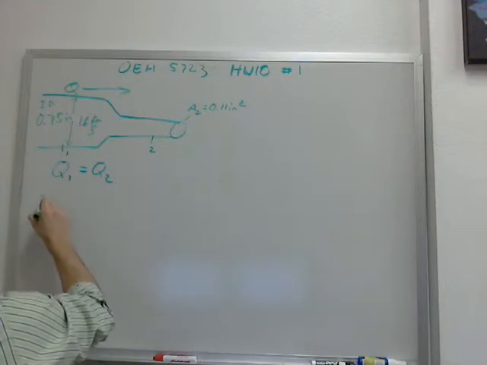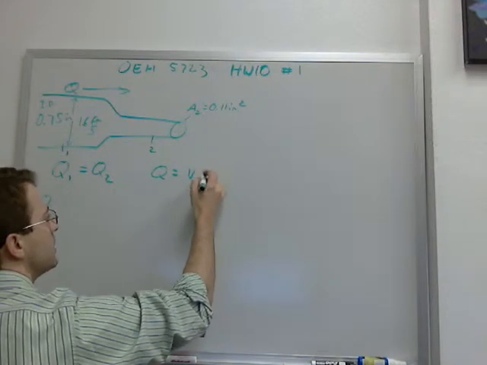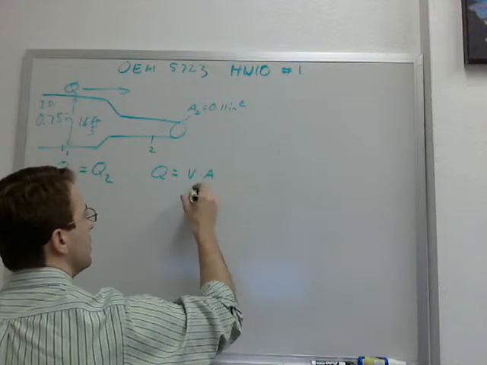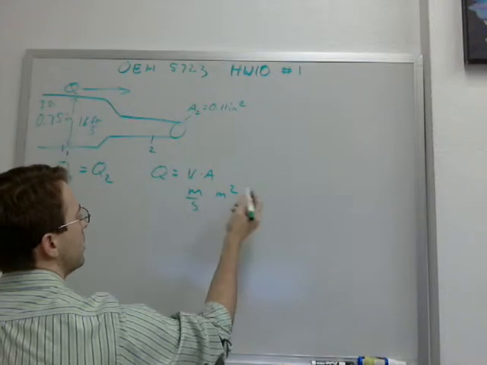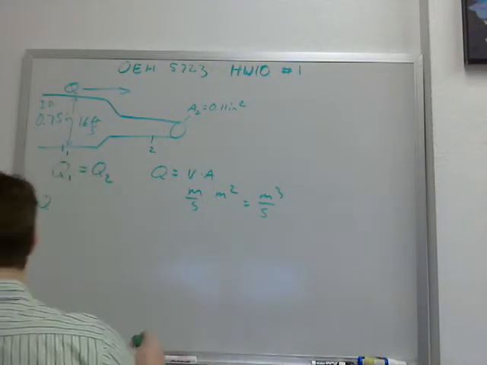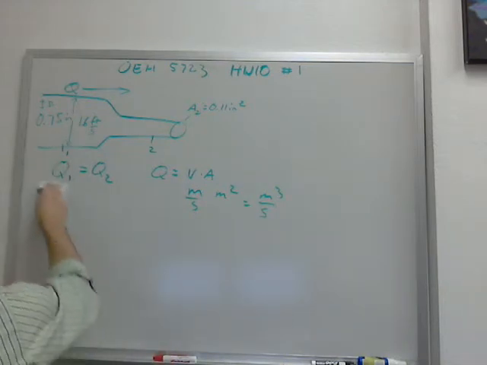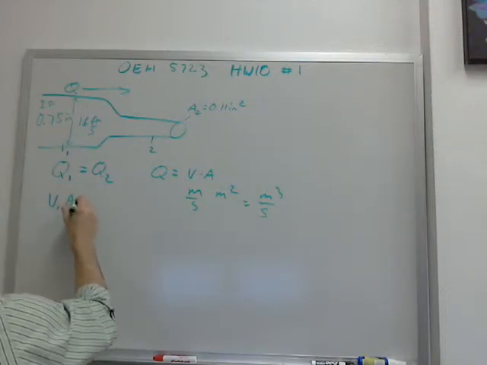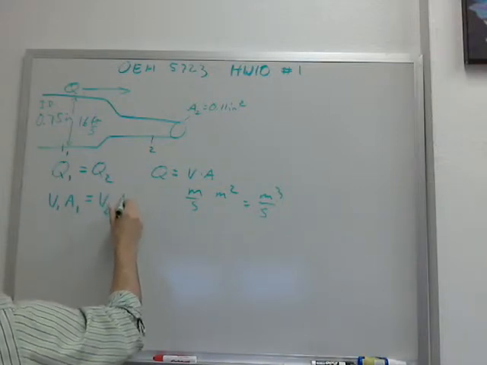And we know that Q equals velocity times area, because velocity is meters per second and area is square meters, and so that's cubic meters per time, so volume per time, which is flow. Okay, so we know that. So we know that the velocity at point 1 times the area at point 1 has to be equal to the velocity at point 2 times the area at point 2.